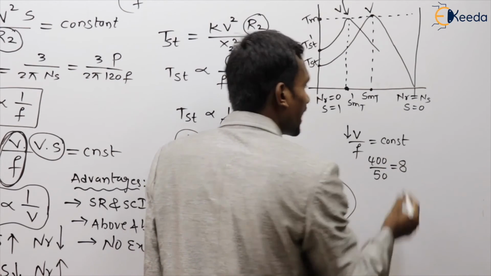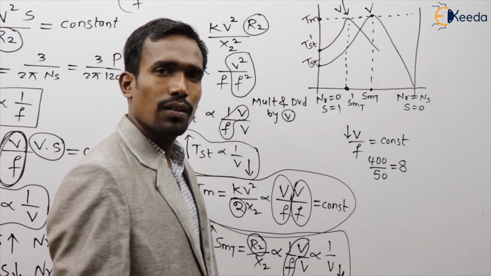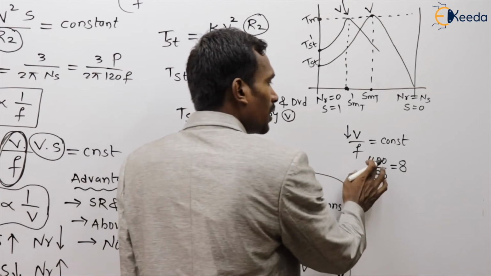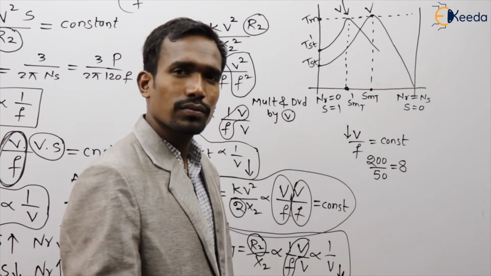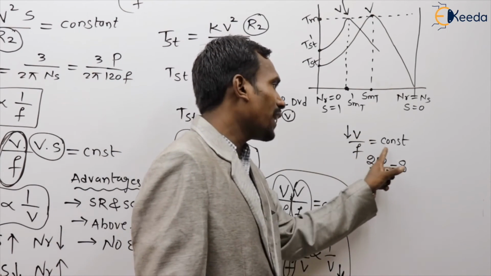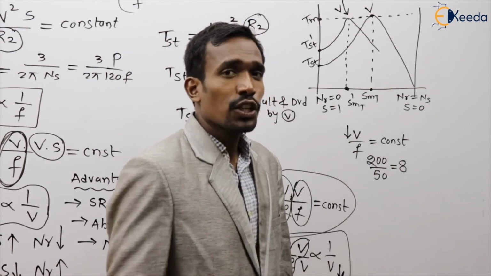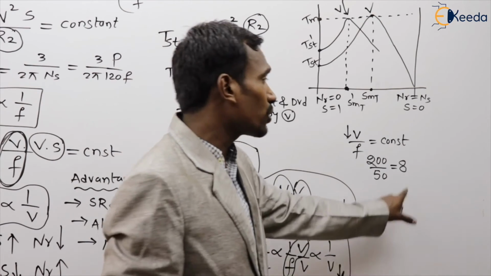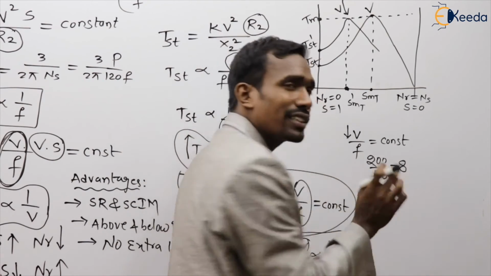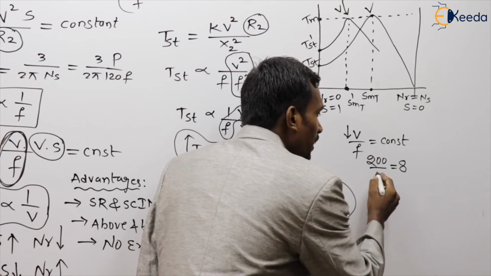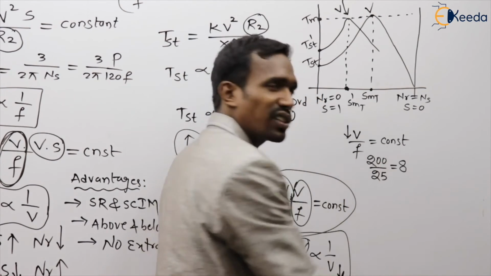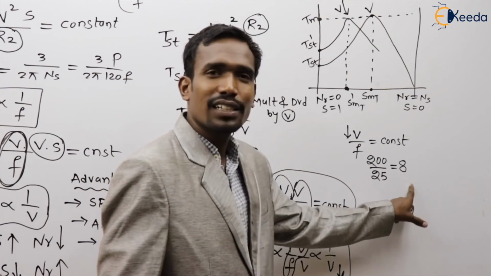My ratio is 8. But now my voltage reduced to 200 volts. But this V by F ratio should be constant. To get the same ratio 8, what frequency do we have to take? The frequency we have to take here is 25 hertz. Then only we can get 8.